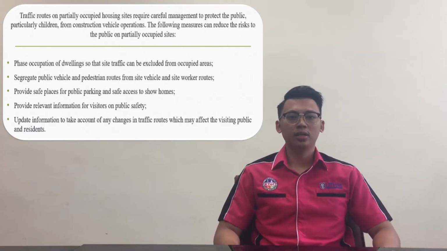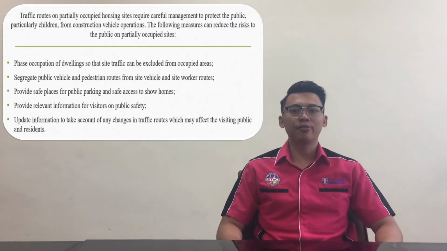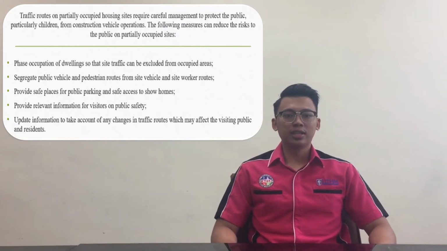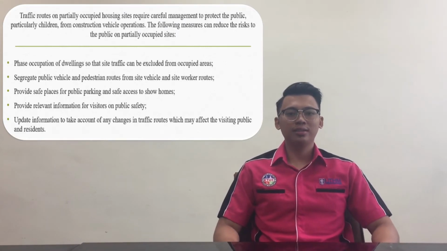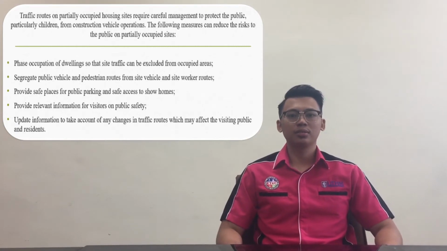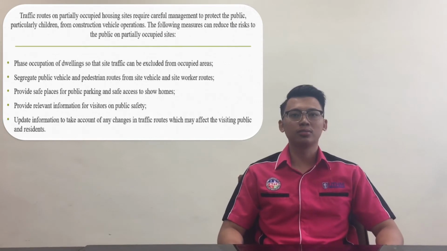For the first point, phase the occupation of dwellings so that site traffic can be excluded from occupied areas. The second point, segregate public vehicle and pedestrian routes from site vehicle and site worker routes.